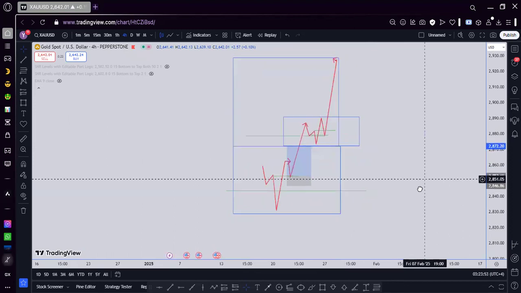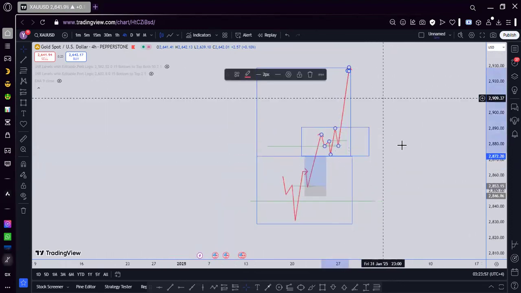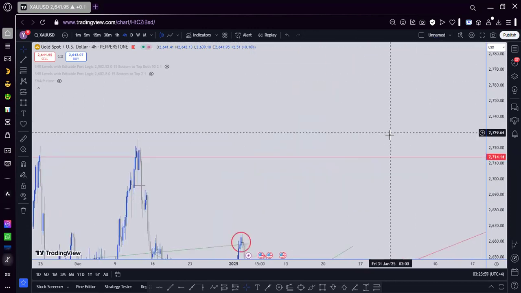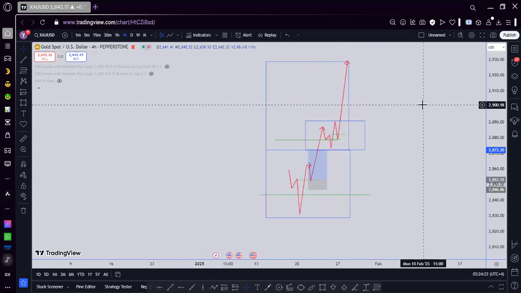So remember that there is always a setup waiting for you, even if you missed the setups of the first part of the weekly or daily storyline, or even if you missed the setups of the first part of the 4-hour or the 1-hour mini storyline. You can always catch the setups of the 15-minute and the 30-minute mini storylines.